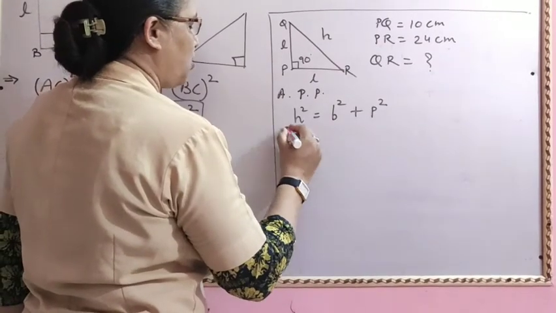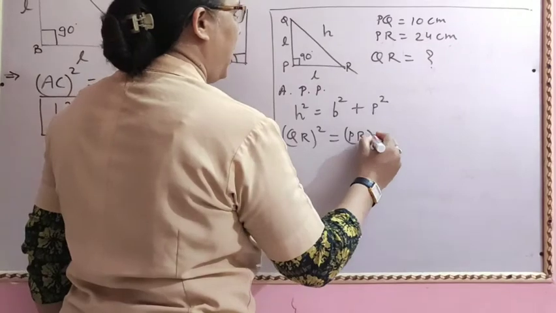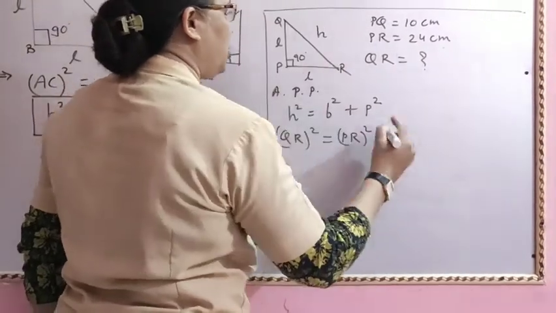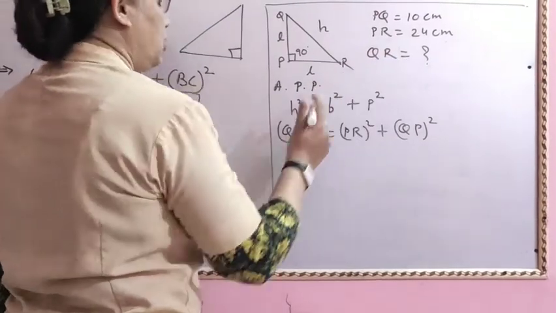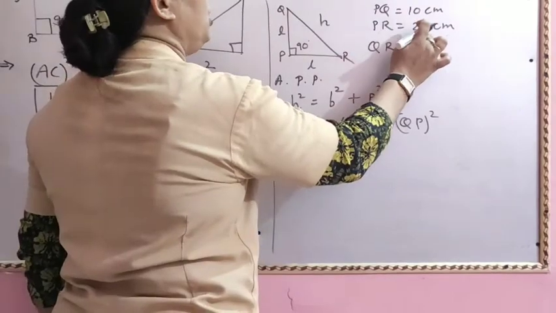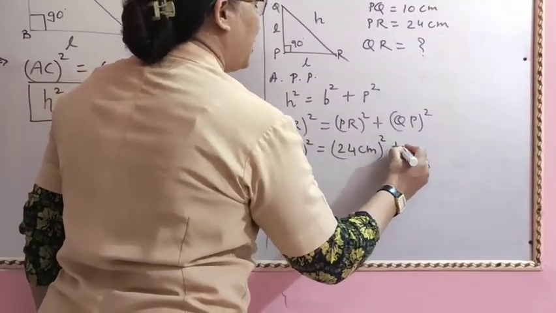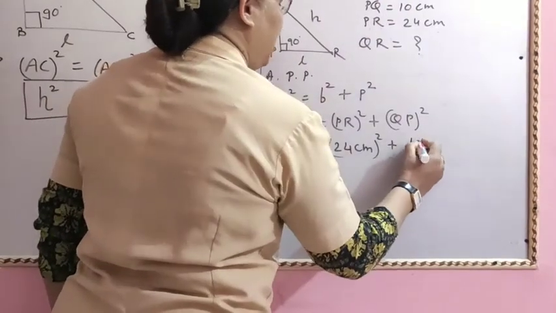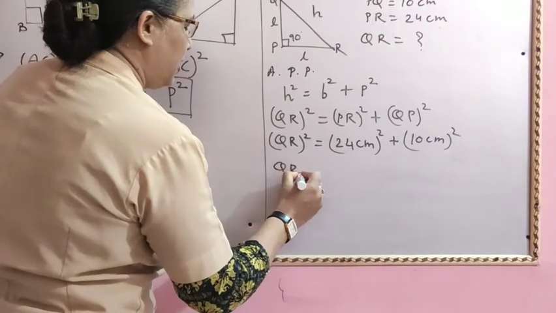So QR square equals base PR, PR square, plus perpendicular QP, QP square. QR we have to find, so we write QR only. PR is given 24, so 24 centimeters square plus QP is given 10 centimeters, so 10 centimeters square. QR square remains the same.